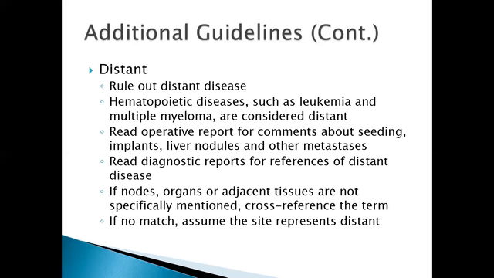So you just go ahead and assign summary stage code 7. All other information no longer matters when it comes to the summary staging, okay? So if a patient has colon cancer and it was proven that there were multiple metastatic liver lesions, distant metastases, summary stage 7.